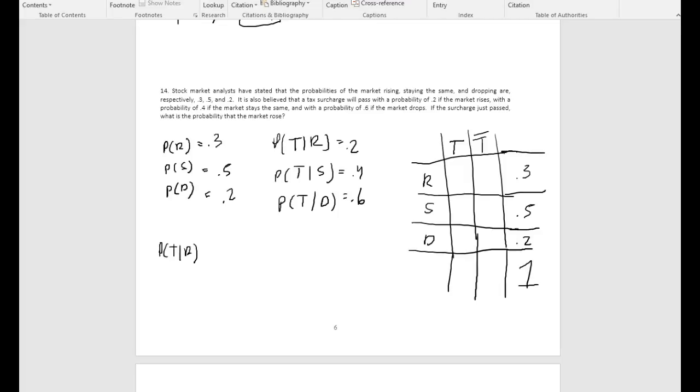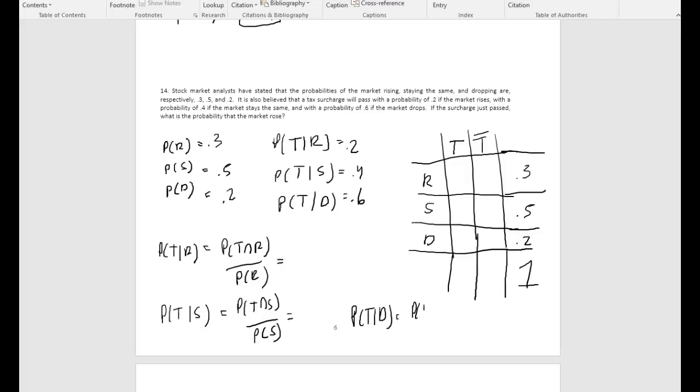So T given R, we know, is equal to the probability of T and R over the probability of R. And probability of T given S is equal to probability of T and S over the probability of S. And probability of T given D is probability of T and D over the probability of D. So we're just using that conditional formula just as we have been. And then for each of these, we're writing down what we know and what we don't know.